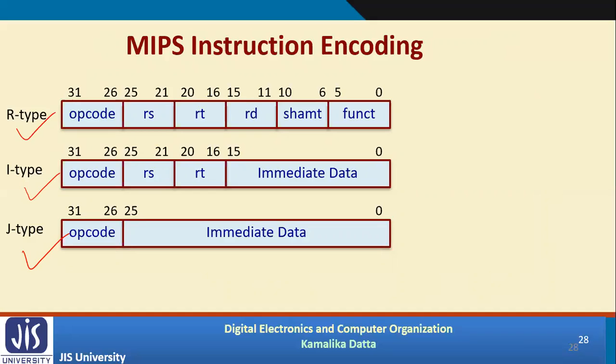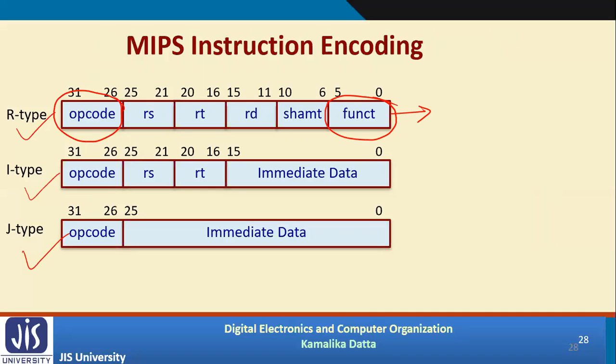Now, for all these, there are some specific number of bits allocated. Like for R type instruction, see, bits 26 to 31 are for the opcode, and bits 0 to 5, the last 6 bits, are used for what specific kind of operation you are performing.